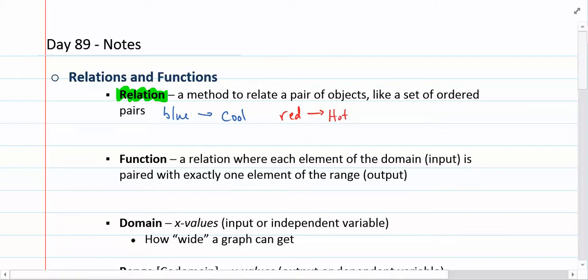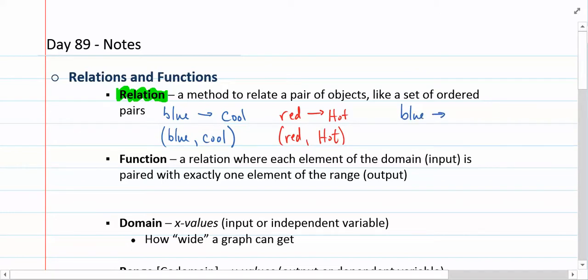But in either case, if I wanted to show that blue was related to the word cool, I could organize this slightly mathematically in an ordered pair. So blue goes with cool, whereas red goes with hot. Now, we might also recognize that the word blue could be associated with or related to other words.